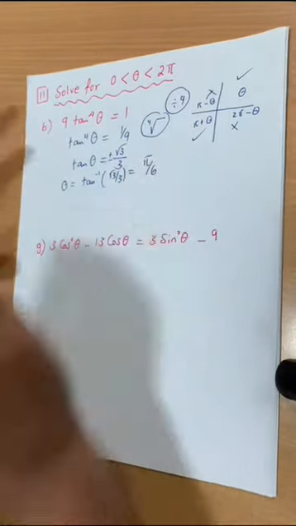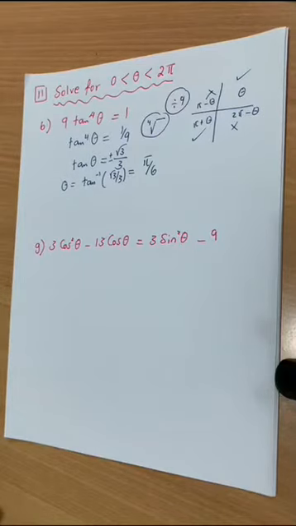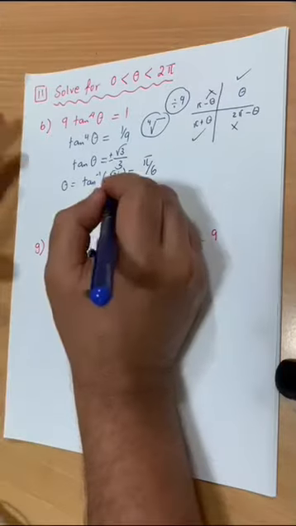Pi over 6, sorry. We can make sure by changing the calculator mode first: shift mode, then we change it to radian, and then inverse tan of root 3 over 3. The answer is 1 over 6 pi, which is pi over 6.